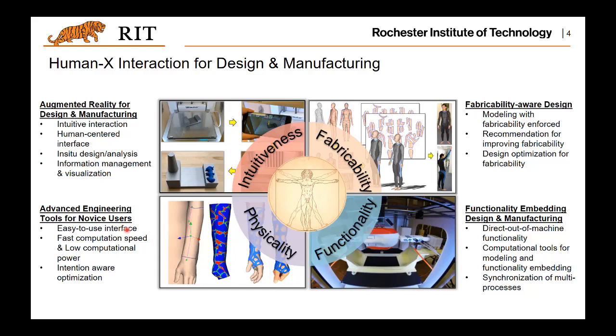The last aspect is embedding some functions during the design and the manufacturing. Using 3D printing, you can create really complex geometry, but that's it, right? You only have the geometry. Sometimes the geometry alone will lead to better performance and good functionality. But sometimes it's just not enough.